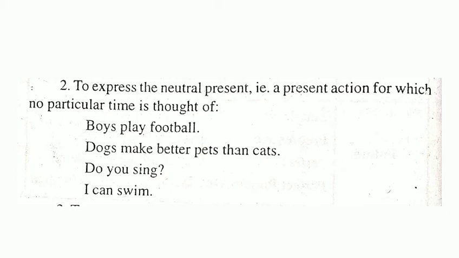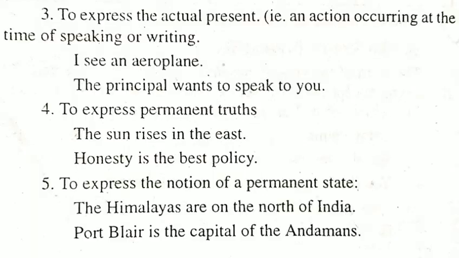In the second sentence, dogs make better pets than cats. Here also there is no time indication, so this tense is expressed in neutral present. Do you sing? I can swim, etc. are used in this simple present tense.